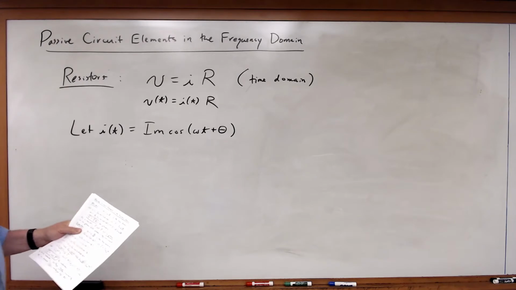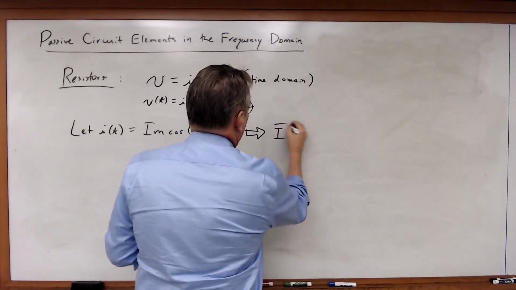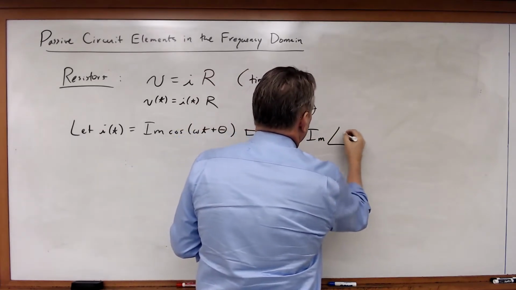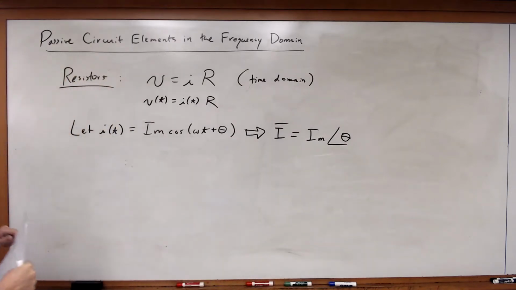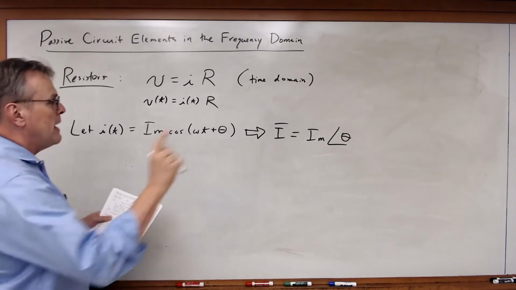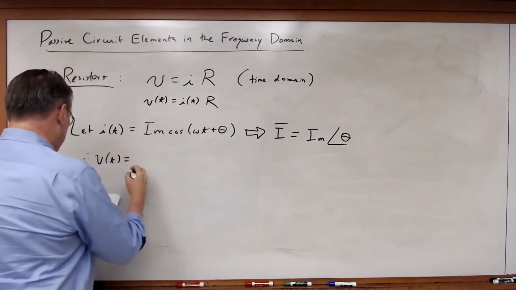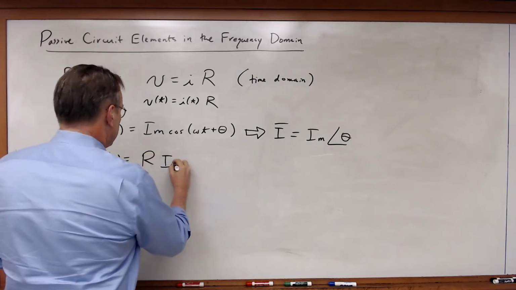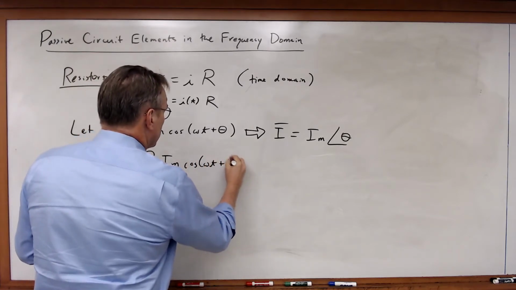So we can change this into polar form, where I would then be equal to Im at a phase angle of theta. So a direct time domain to polar form transformation. In that case, V of t will be equal to R times Im times cosine omega t plus theta.